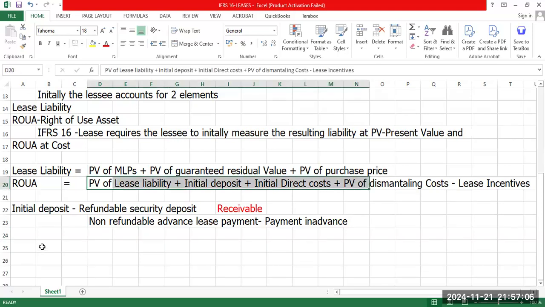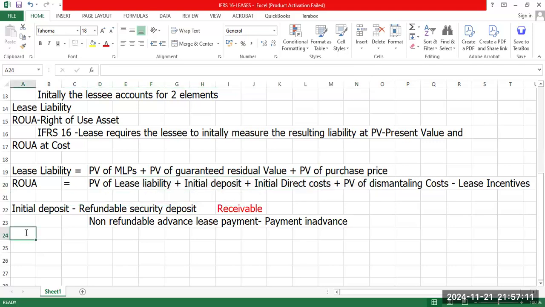Then what about initial direct costs? As you read the case study, initial direct costs may include what, colleagues? Legal costs. Of course, you need to incur this when you are drafting the lease contract. Legal fees.